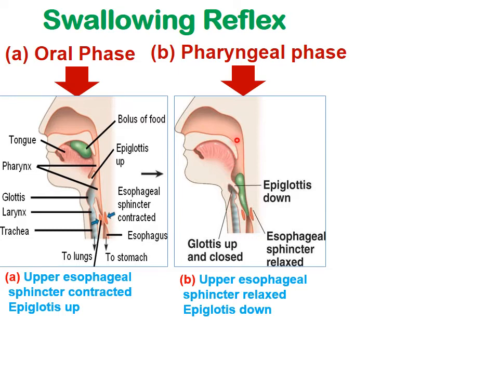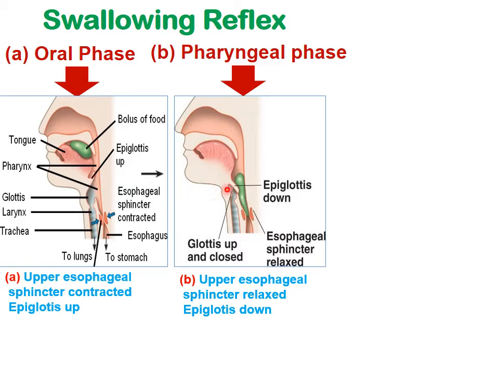So the food will be going from this direction towards the digestive tract, right? So that will be the right pathway. Here it was just up and you can see that the epiglottis is here. The epiglottis is up, the upper esophageal sphincter is contracted and the epiglottis is about to close.